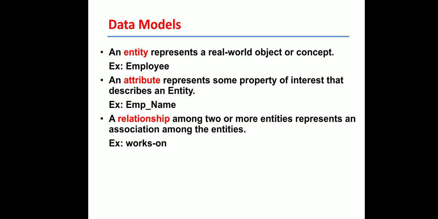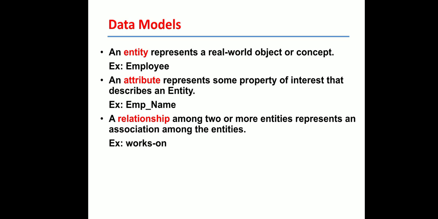So these are all related to the student. They are going to describe the entity. For example, the roll number is going to describe the student entity. Then student name, this attribute is going to describe the student entity.